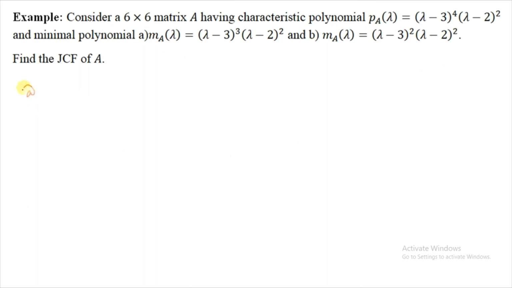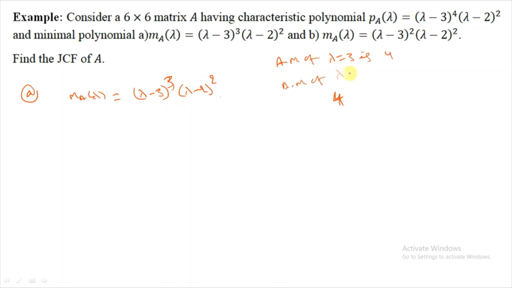First, the minimal polynomial is (lambda minus 3) cubed times (lambda minus 2) squared. The characteristic polynomial corresponding to lambda equal to 3 has algebraic multiplicity 4, which means lambda equal to 3 occurs on the main diagonal 4 times, and lambda equal to 2 occurs 2 times.